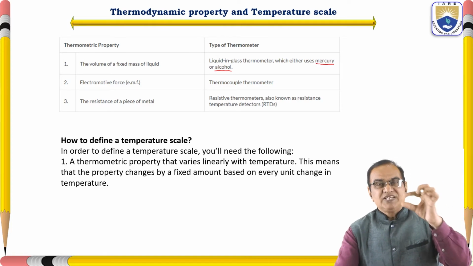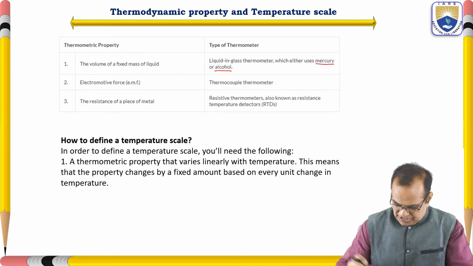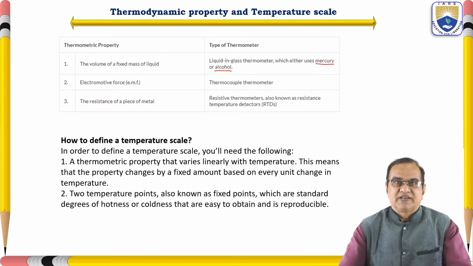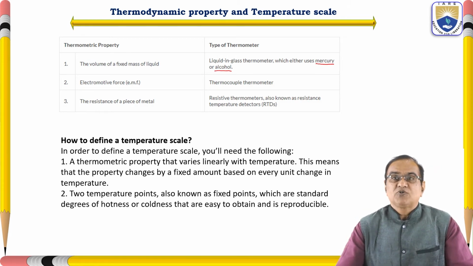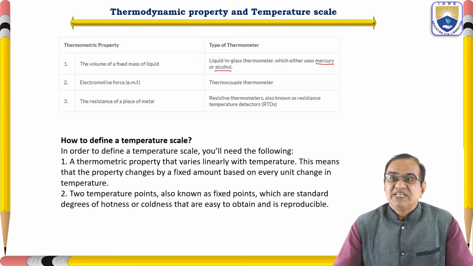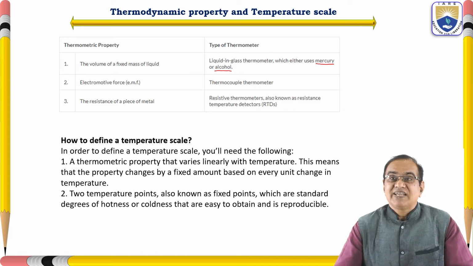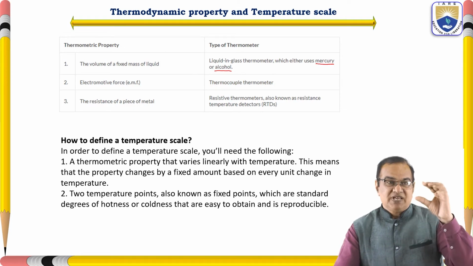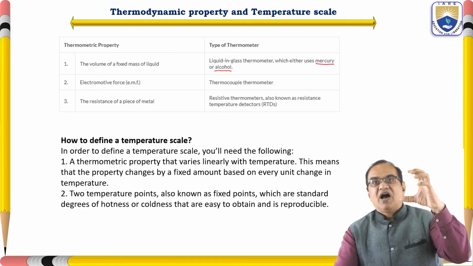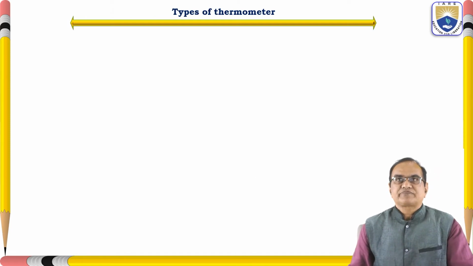So if you increase by 1 degree, how much the property changes should be known. Two temperature points, also known as fixed points, which I discussed just before, are standard degrees of hotness or coolness that are easy to obtain and reproducible. So that means the minimum and the maximum of any substance should also be noted.